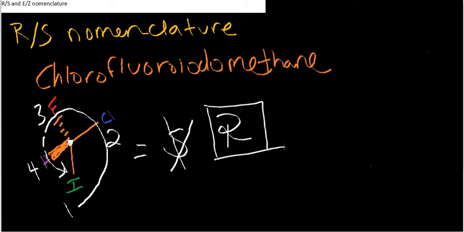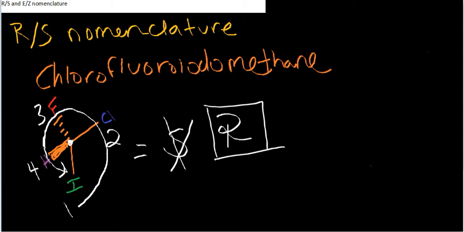So usually what I like to think of is if the lowest priority group is coming out at me, I flip the letter. So for example, this hydrogen, like I was saying, is coming out at us, so we can't call it S, and I flip the letter to R. Alright, so this would be R chlorofluoroiodomethane. Hopefully that makes sense.